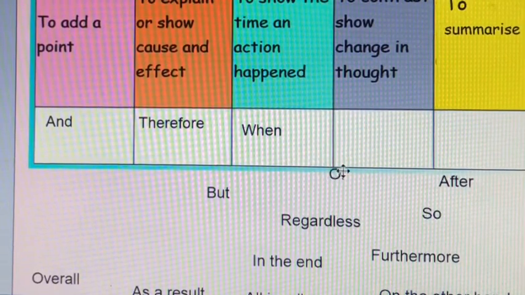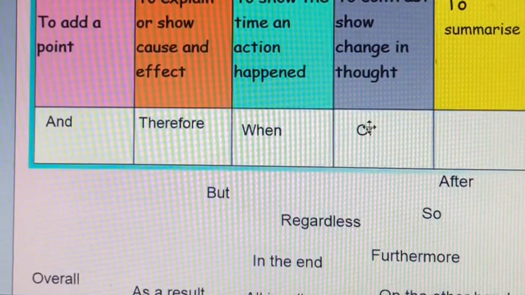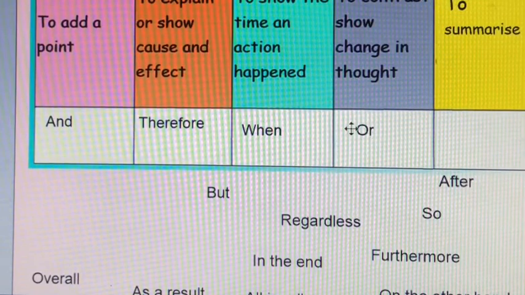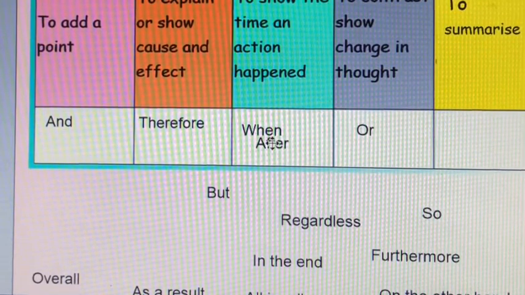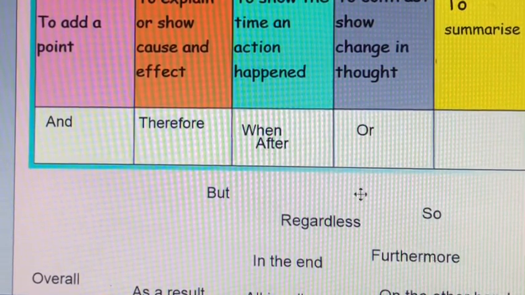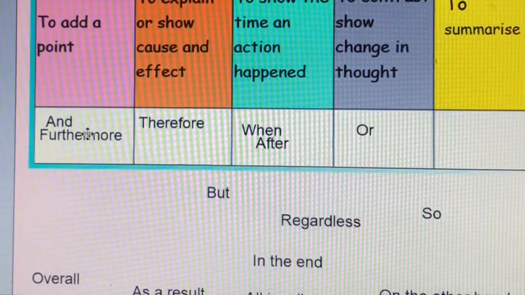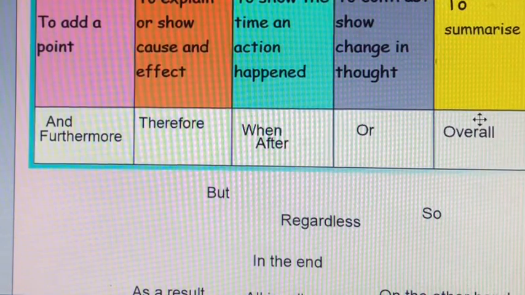Okay, or to show change in thought, to show that something's different, after to show time, also a subordinate conjunction. Furthermore, there we go, another additional conjunction. Overall, a summarising conjunction.